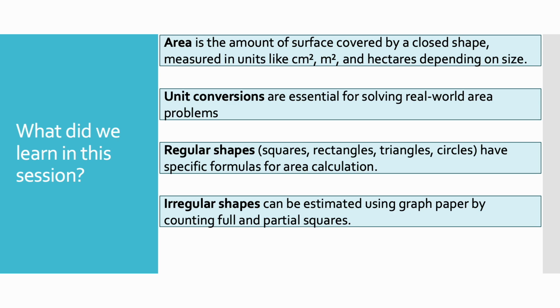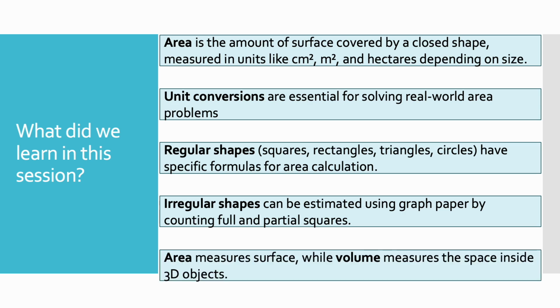Irregular shapes can be estimated using graph paper by counting full or partial squares. Finally, area measures surface while volume measures the space inside 3D objects.